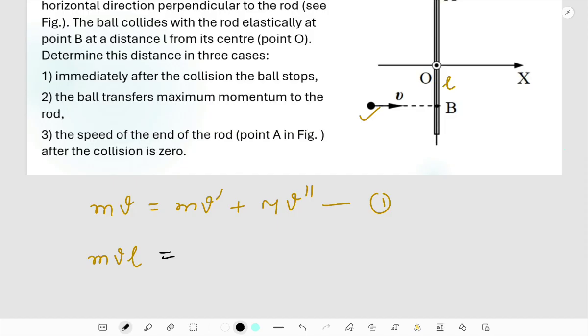The rod was initially at rest. Then we can write the angular momentum of the ball itself about the same selected axis as mv'l, v' being the velocity of the ball after the collision.